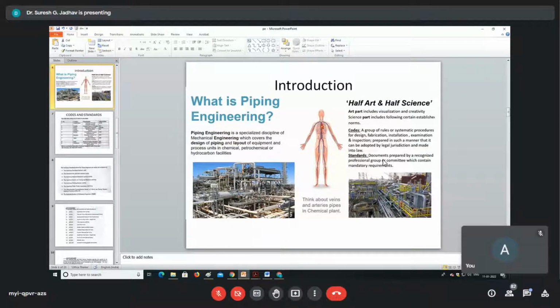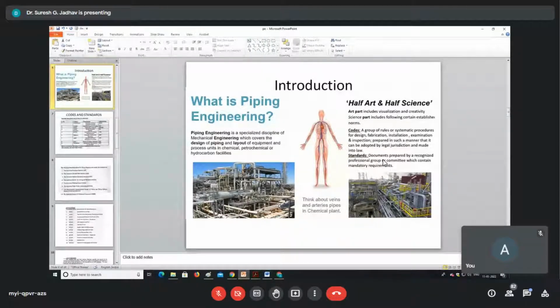A piping engineer should be attentive to details, must be attentive while dealing with piping components in chemical plants, petrochemical plants or hydrocarbon facilities. Although these professionals must be able to work independently, they must also be capable of following instructions.